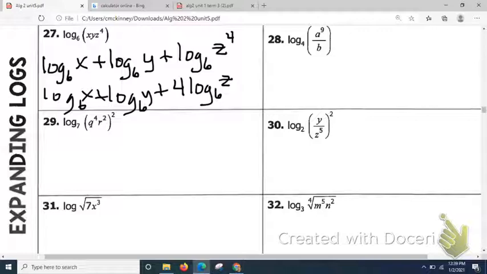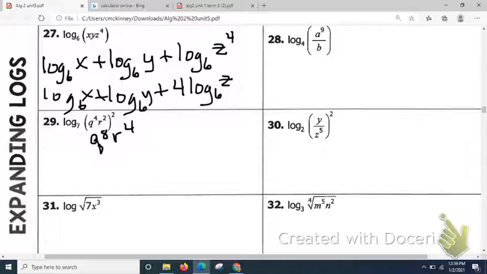Now, something like 29, personally, I would get rid of that outside exponent first. I would go ahead and make this q to the 8th, r to the 4th, and then work with that.